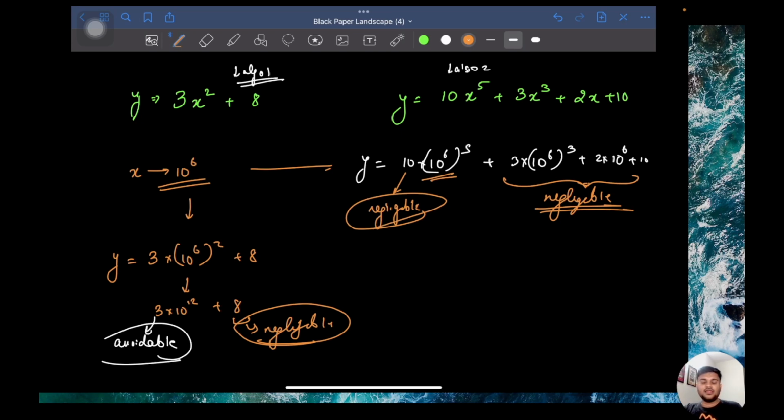Right? If the values are of the magnitude (10 raised to the power 6) whole raised to the power 5, it doesn't even matter whether it is getting multiplied by one more 10 or not. It's extremely huge already. And the rest of the values also don't matter because they are extremely small.